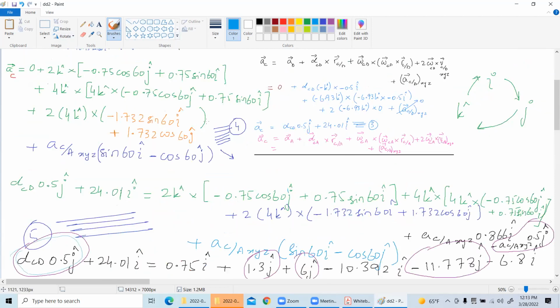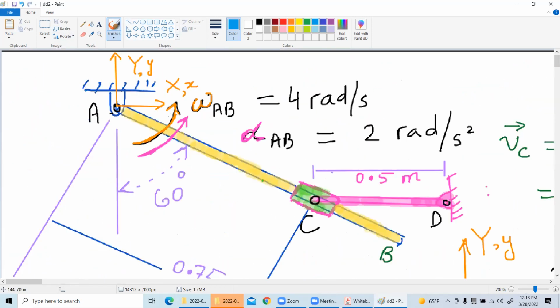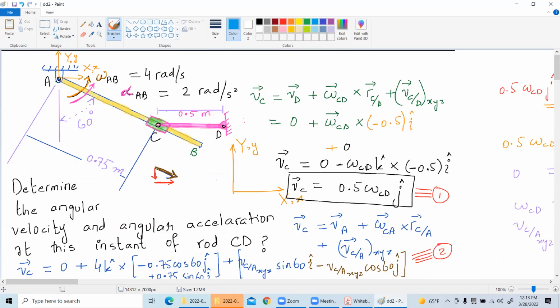So our alpha CD, now I can zoom in because I have space. This says that as the yellow rod goes anti-clockwise and accelerates at 2 radians per second square anti-clockwise, the pink rod goes clockwise. I don't remember whether omega will be clockwise.